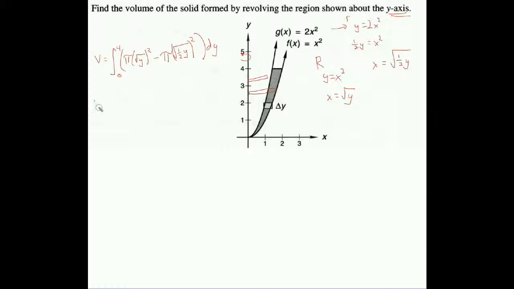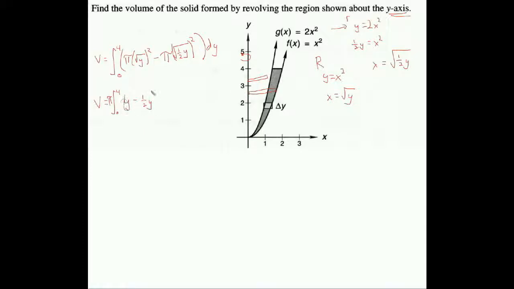So this simplifies a bit. The volume equals our integral from 0 to 4. We actually have a pi in both terms here, so we can factor out a pi. It can come outside our integral. The square root of y squared is just y, minus 1/2 y.